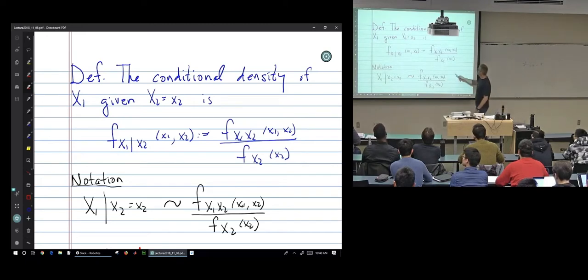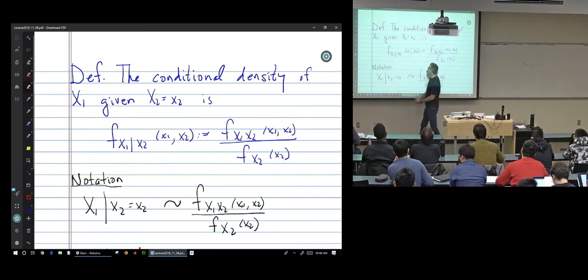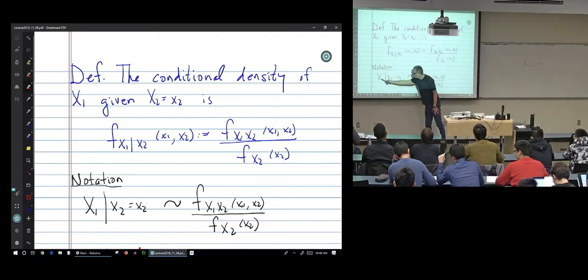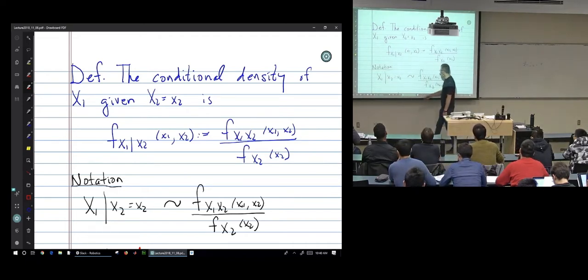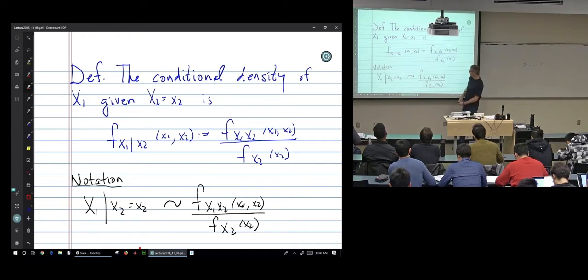So now, as I change the measurement, I do change this density. We will often write x1 conditioned on x2 is distributed or has density, and this is the marginal density, this is the joint, and this is the conditional density: the joint over the marginal.